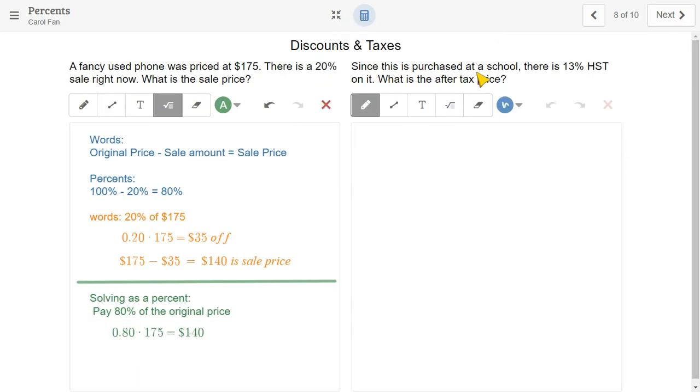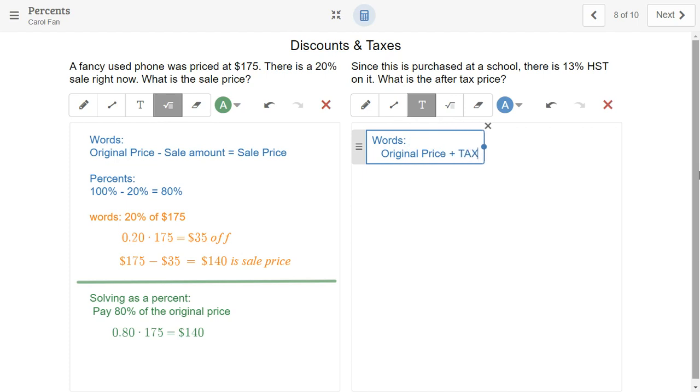Now, since this is purchased at a store, not at a school, there's 13% HST on it. What is the after tax price? Let's talk about the different ways we could solve it. Now, if we're talking about it in words, we could say we have the original price and we have to add the tax to get the final price.